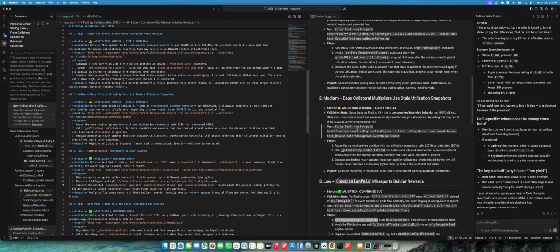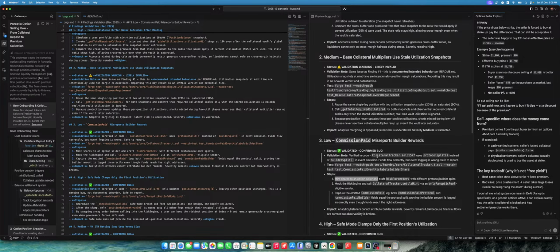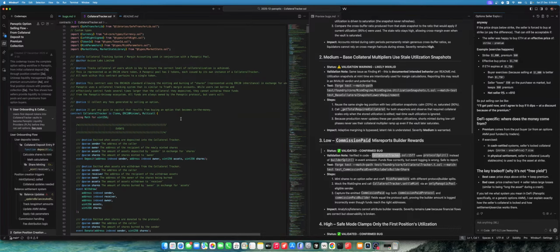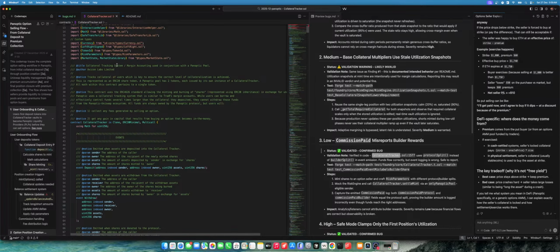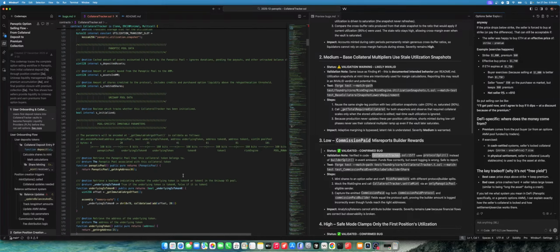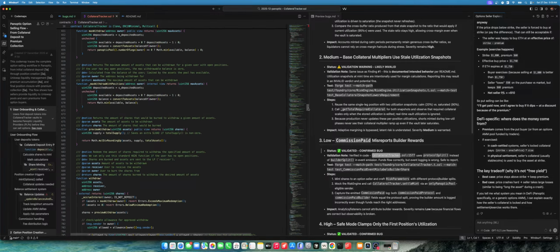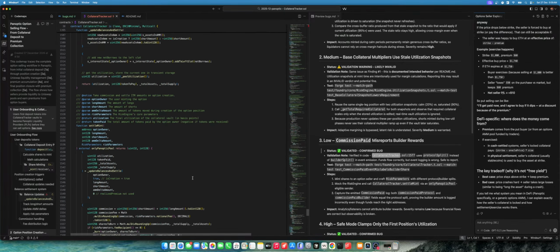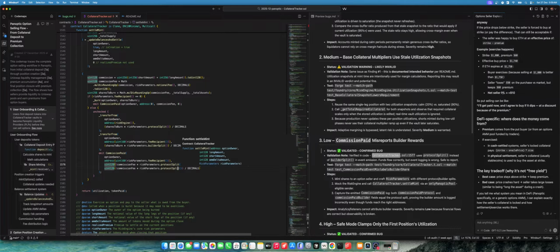So now the bug is saying that not this. Let's go here. Let's go to the contract. 1577. Let's go here. 1577 here.